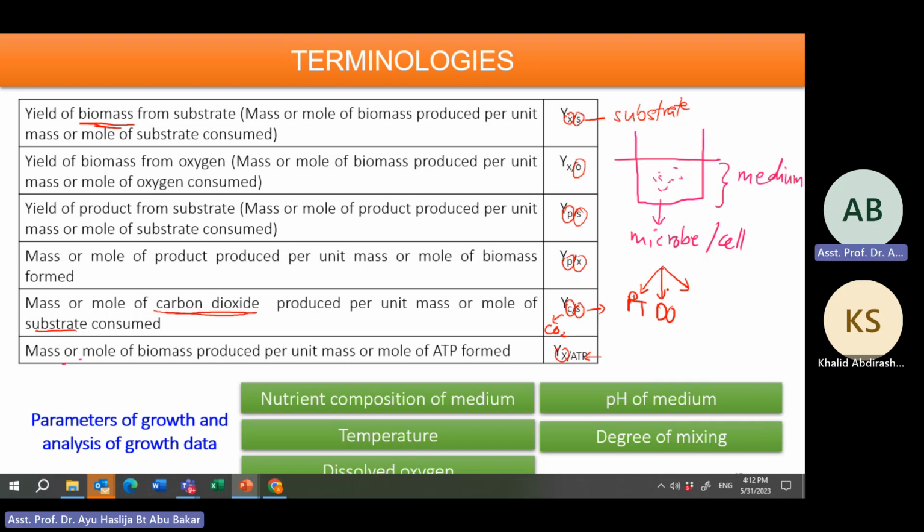If it requires an anaerobic process, which is without oxygen, you will still need to monitor, because you do not want oxygen to be in your process. There should not be oxygen for anaerobic, because that microbe does not require oxygen to produce.